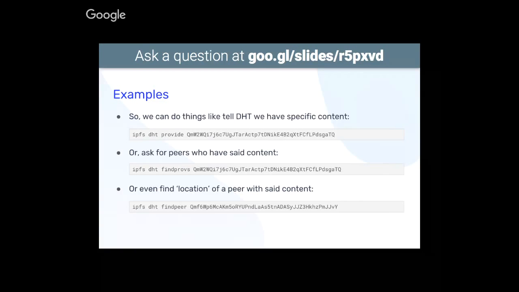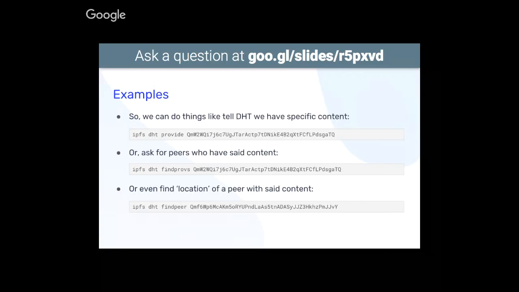That's sort of like adding to the DHT, and then we can also ask which peers have a particular piece of content. So we could say IPFS DHT find providers, or find provs, of a particular piece of content. And this happens to be the classic cat photo that we've been using in examples over the last 2 sessions.